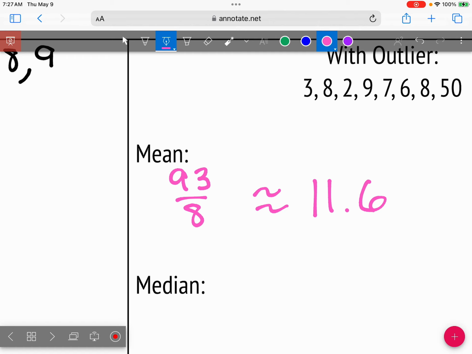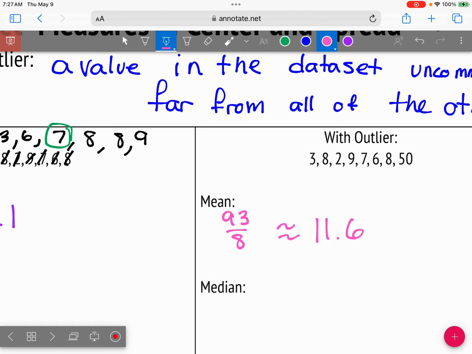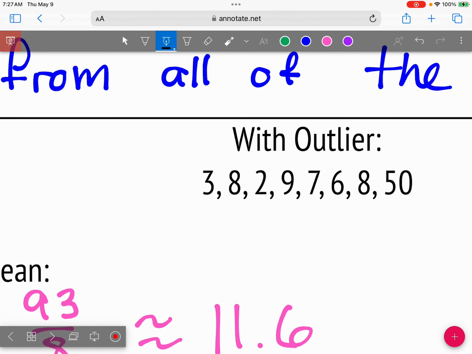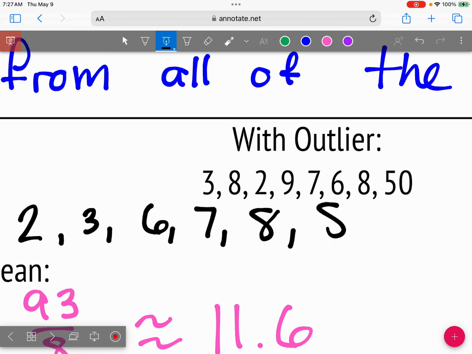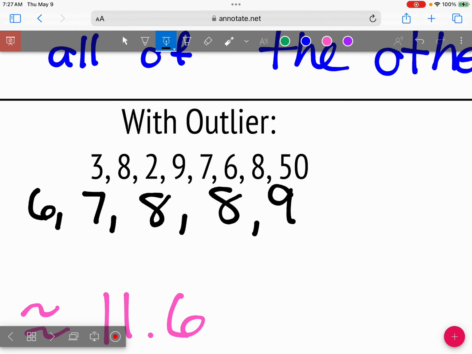But what's our median? We got to find that, so we're going to put it in order. Again, it's that same data set, so for the most part, it's the same. We've got our 2, 3, 6, 7, 8, 8, 9, and then it's got this 50 on the end.